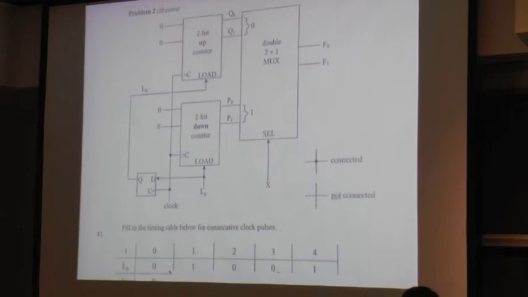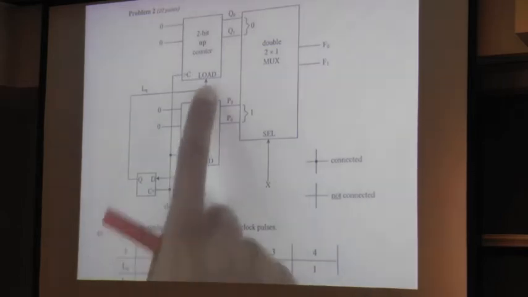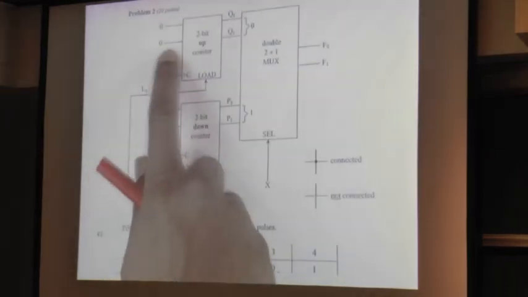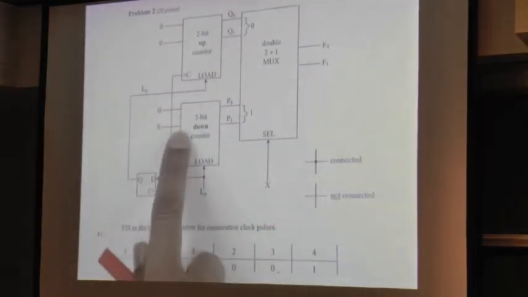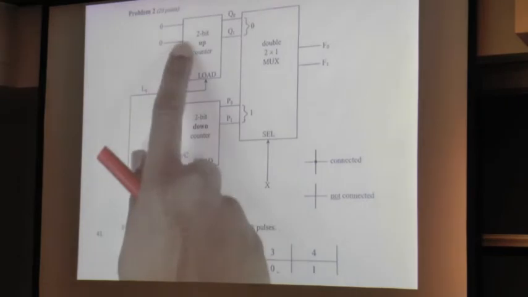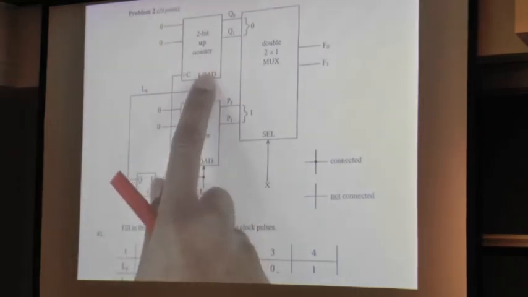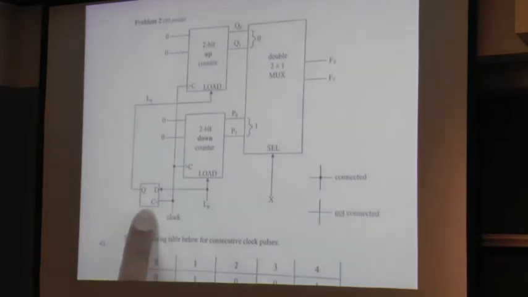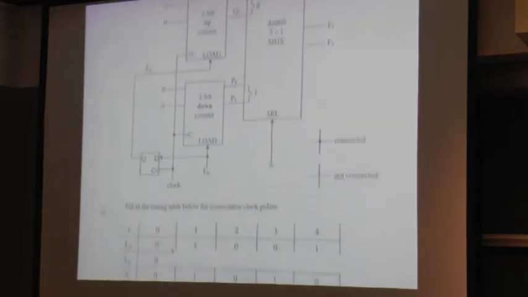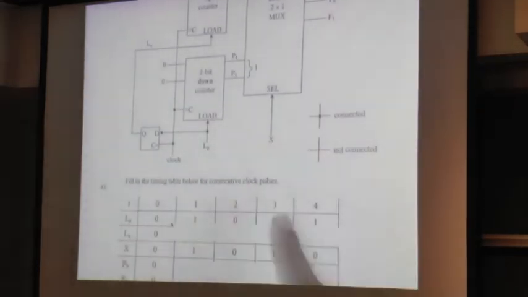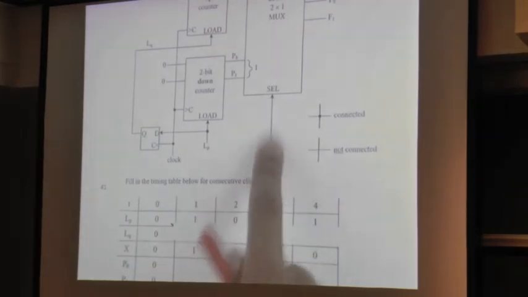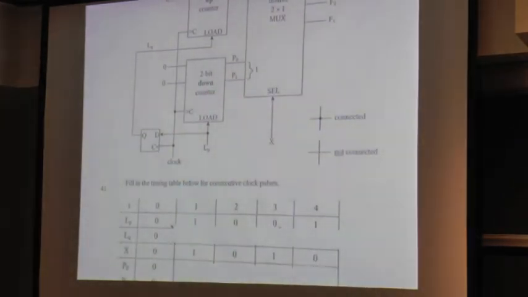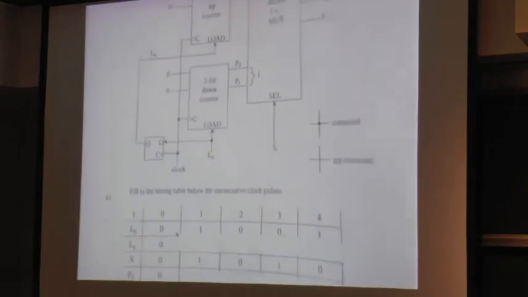And each of the counters can be loaded when their respective load signals go high, and they'll be loaded with zeros in both cases. Okay, so the inputs when the loads go high are zeros. Oh, we've also got a D flip-flop right here. And then we've also got an input X, which is the selector to the mux. So there's quite a few different things going on here.